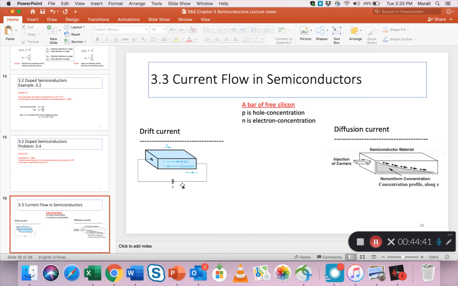Drift current is when you apply an external source. So if you have a bar of silicon, you kind of doped it also, and you applied a voltage, immediately you'll see this kind of movement of electrons.